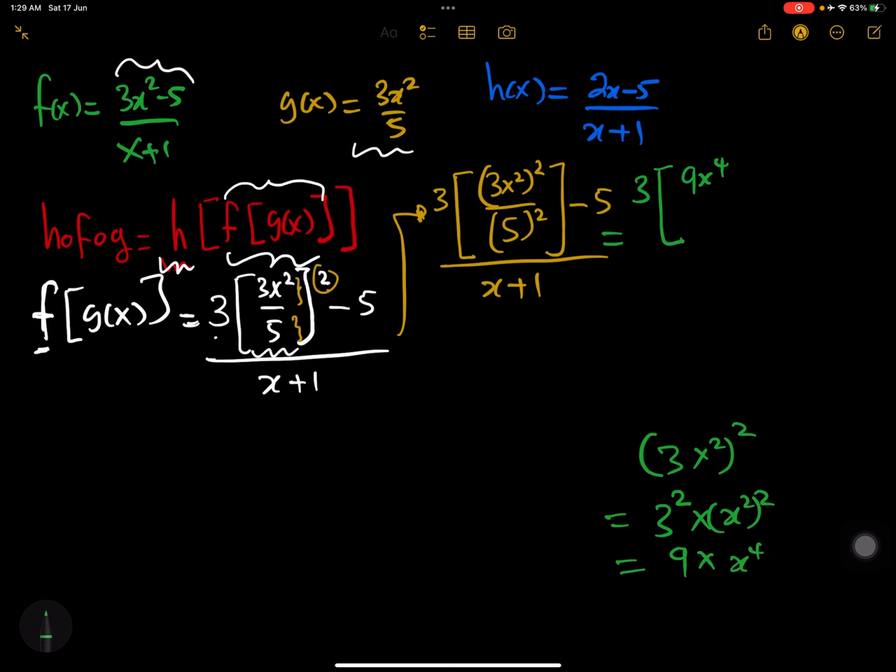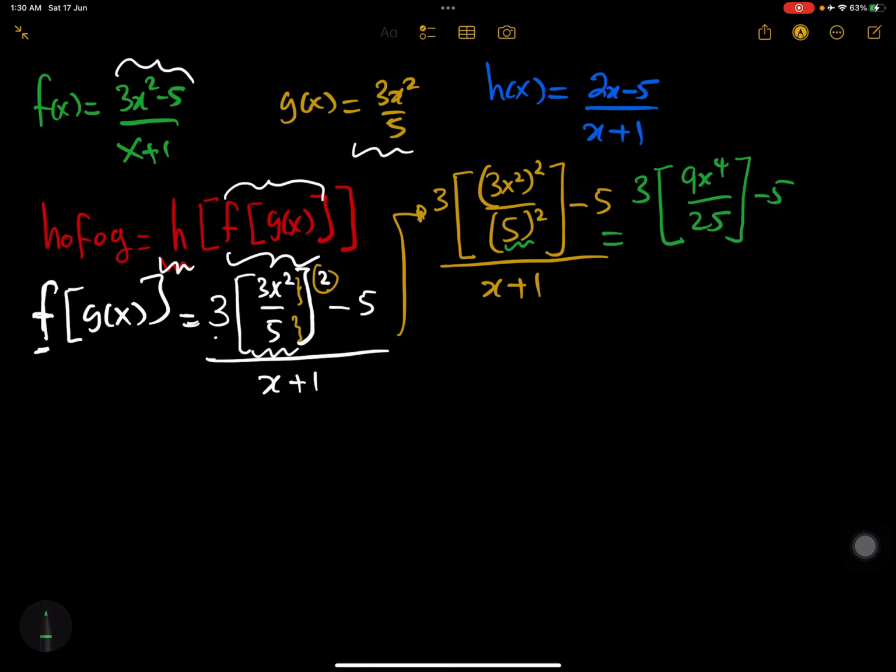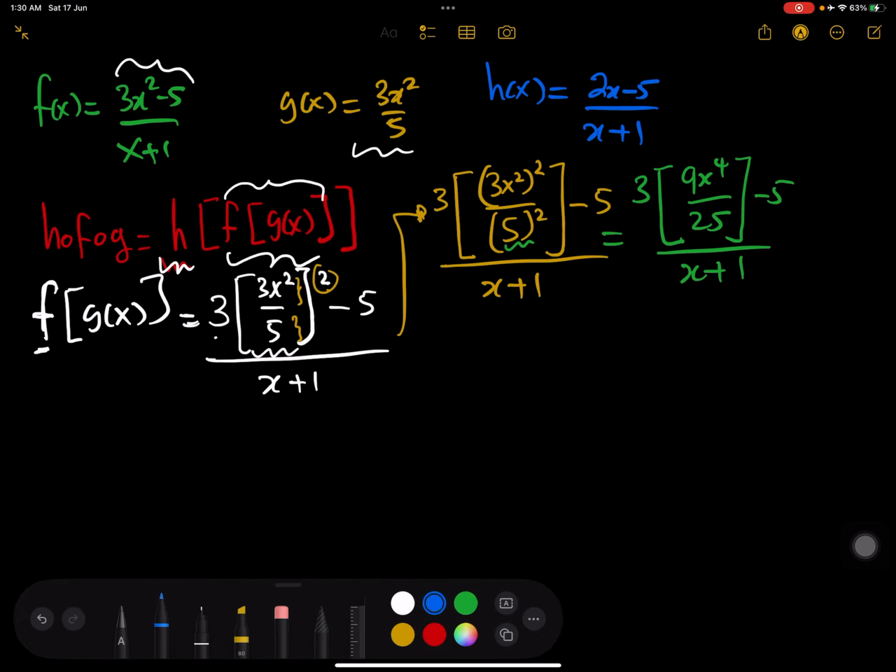So we have 9x to the power 4 divided by 25, because 5 squared is 25. We've done that. So now we're still going to have our minus 5 divided by x plus 1. And I think it's beautifully set up.